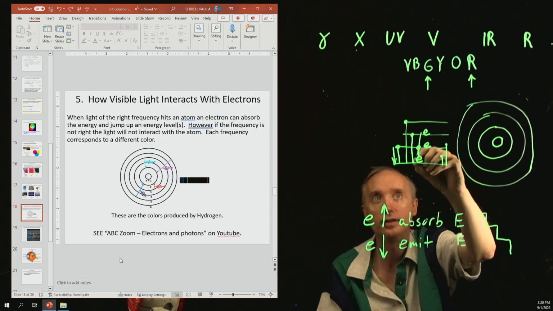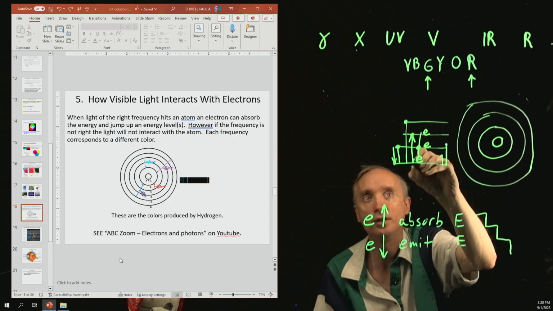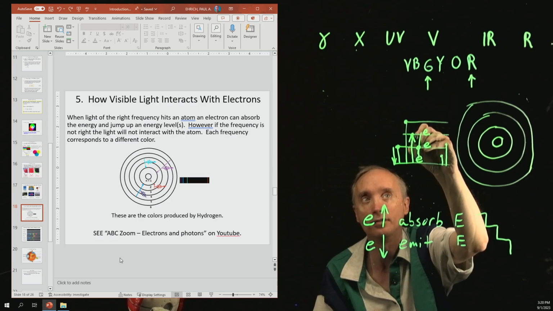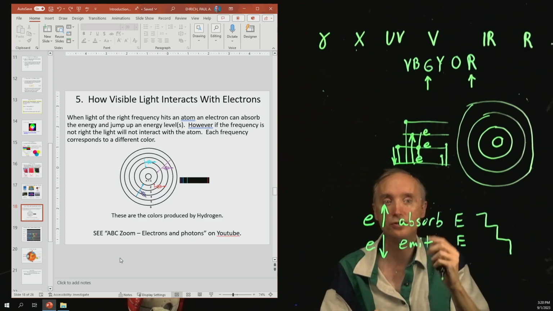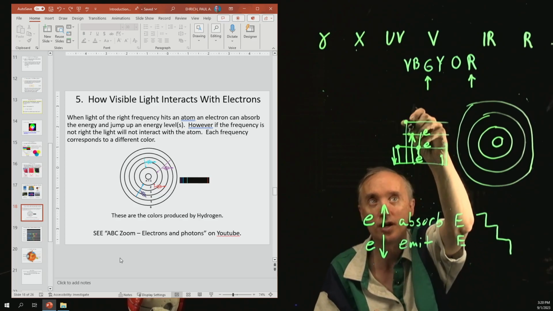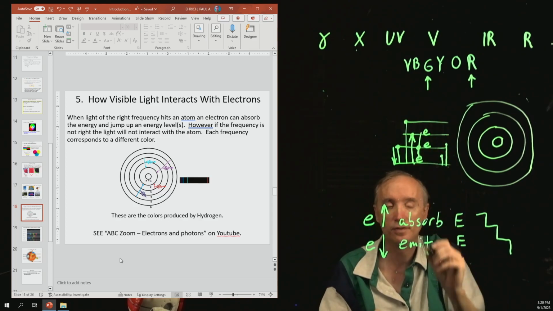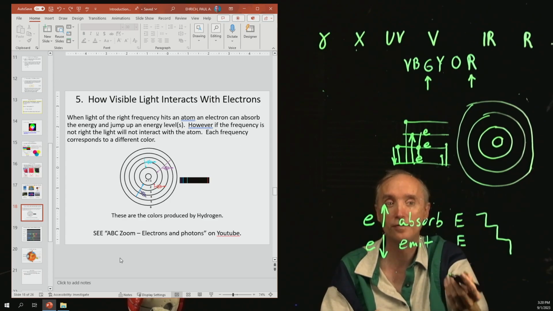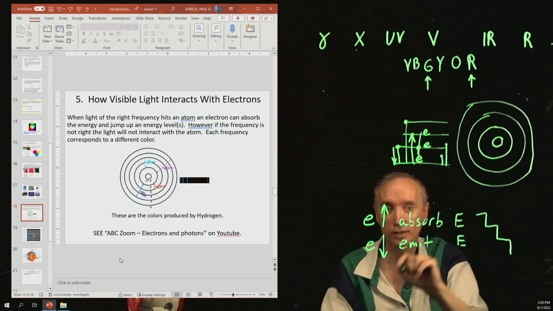All right, what about if we go up 2 of them? Let's say that we go up 2 energy levels and we want to come back down. We can do it 2 different ways. We could jump all the way back down, and if we did that, that's going to give off exactly the same amount of energy that went in.